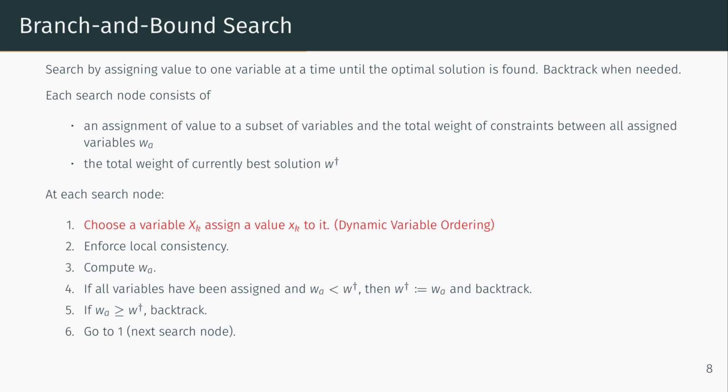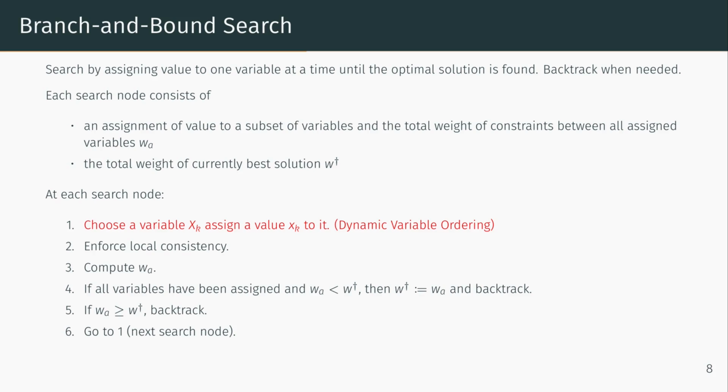Then it computes WA, and if all variables have been assigned and WA is smaller than the currently best solution, W dagger, then we update W dagger to be WA and backtrack.